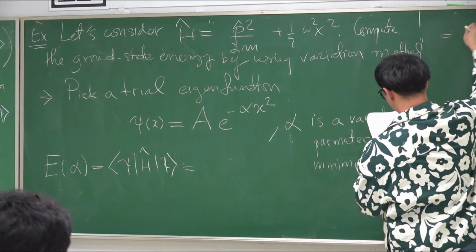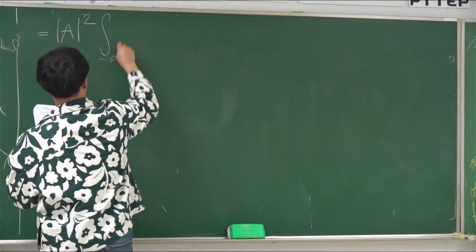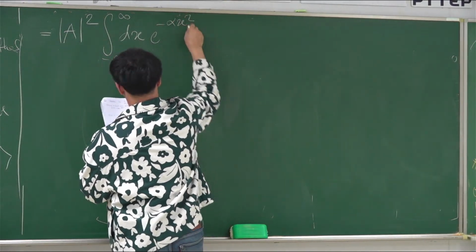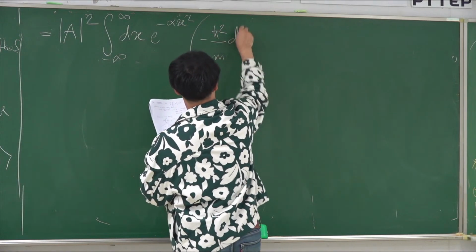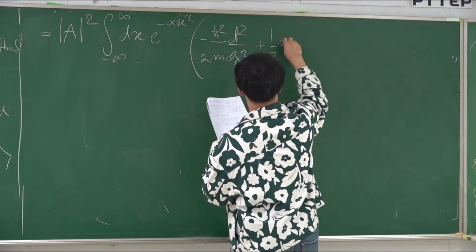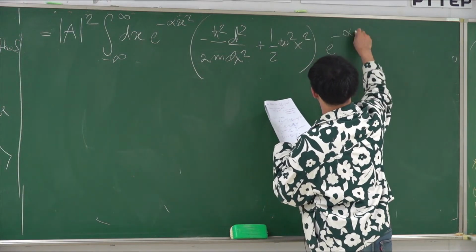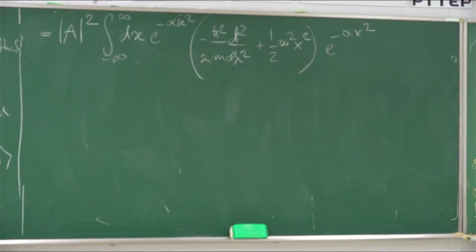So what you're going to have is the absolute value of A squared dx, and so we have to turn this into an operator. Right. Okay. This way. So up to this line, are we good? Okay.